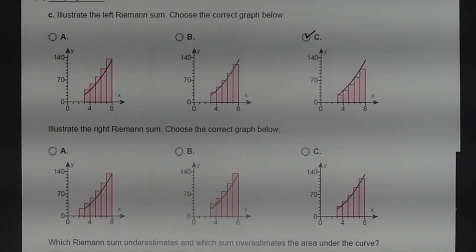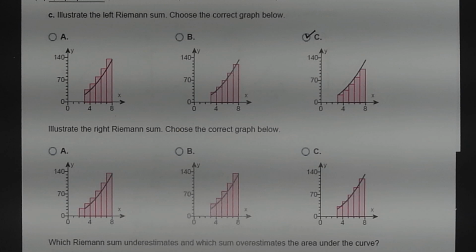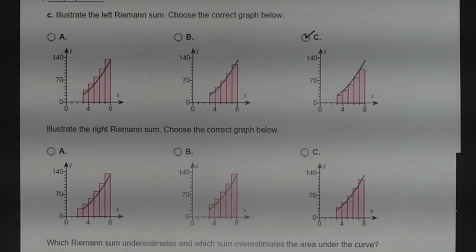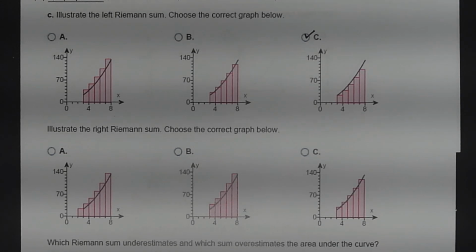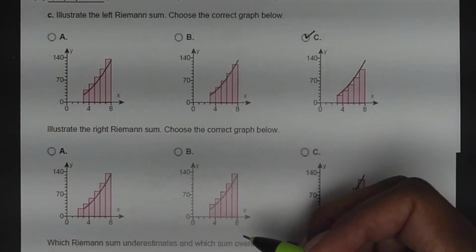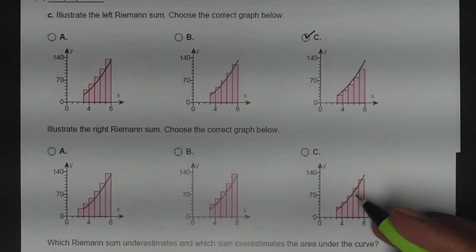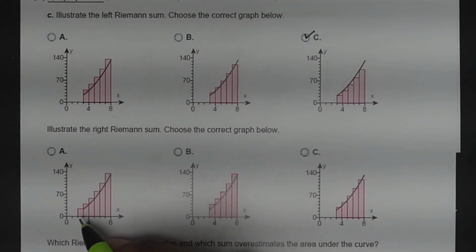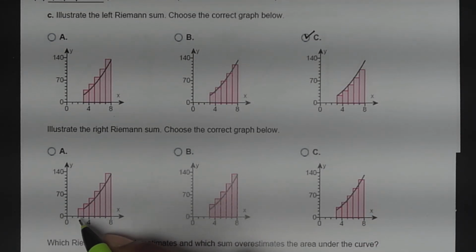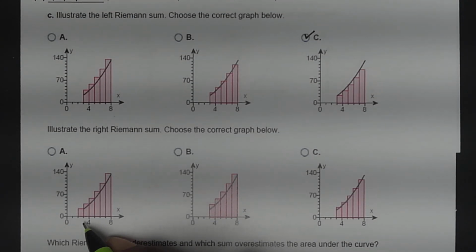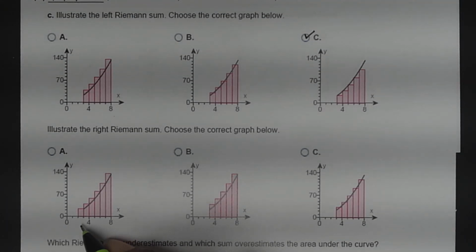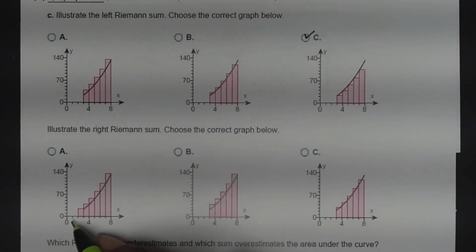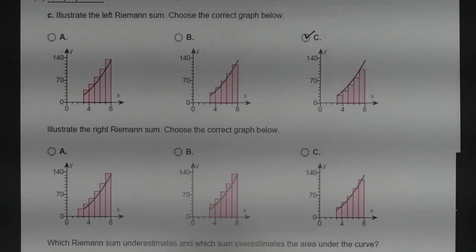And then illustrate the right Riemann sum. Well, the right Riemann sum will have to be the graph that touches every right vertex of every rectangle. C would not do it because it's touching every midpoint. And A will not be it because notice there's an extra rectangle here from 2 to 3, and we don't have a 2 in this case.